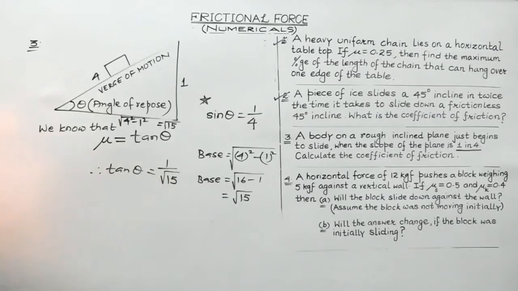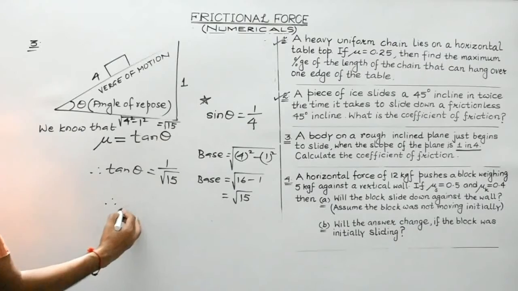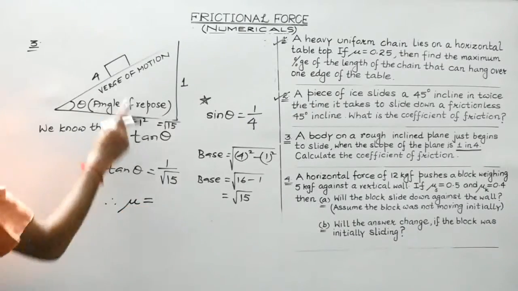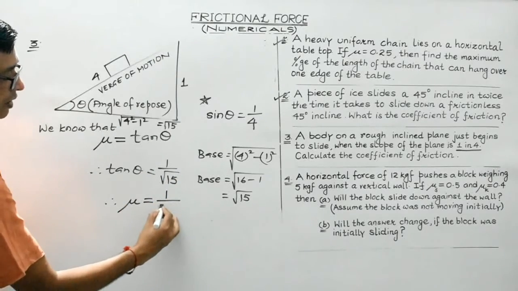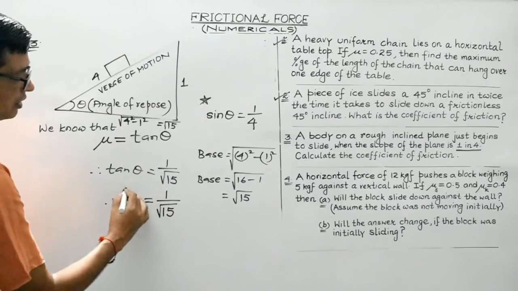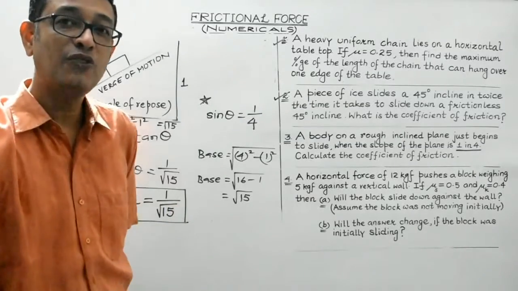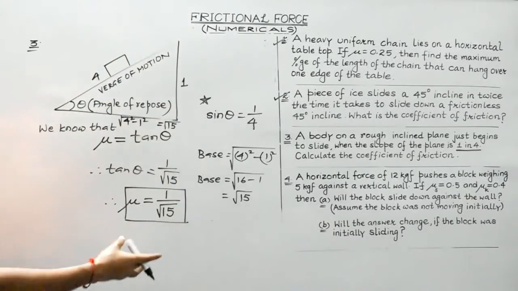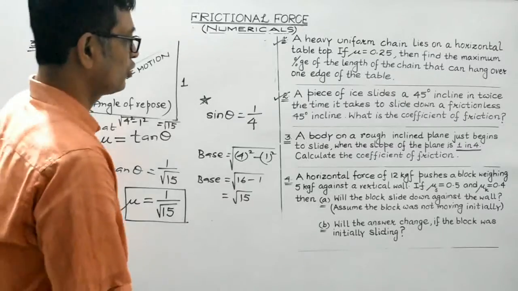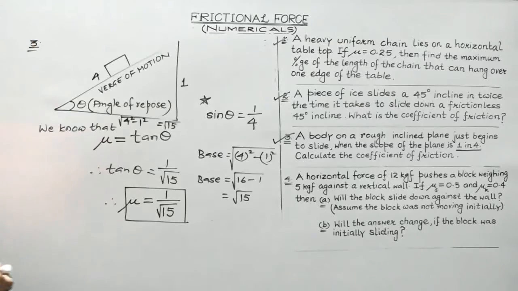And since mu is equal to tan theta, the coefficient of friction between these two surfaces in contact is 1 by root 15. Since the body is on the verge of motion, it is actually the coefficient of limiting static friction. So this was a very interesting question. We are over with question number 3 as well. Let's proceed to the last question, question number 4.